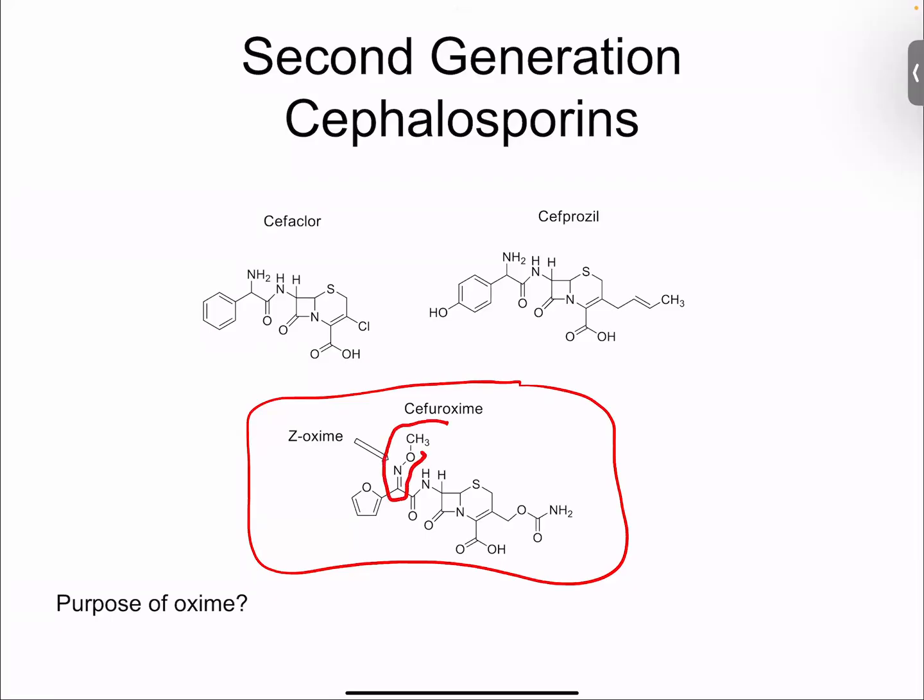This group right here that I just circled is a methoxyamino group, or an oxime. All right, methoxyamino group or an oxime. And what was discovered is that oxime confers increased or enhanced protection against hydrolysis by certain beta-lactamases.